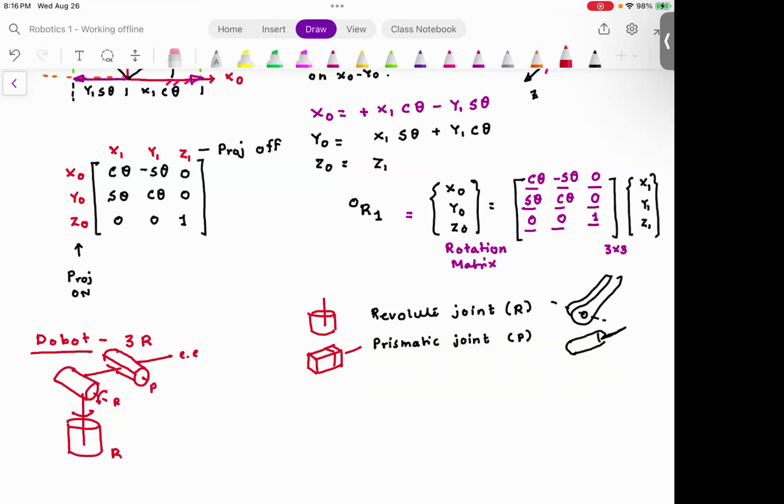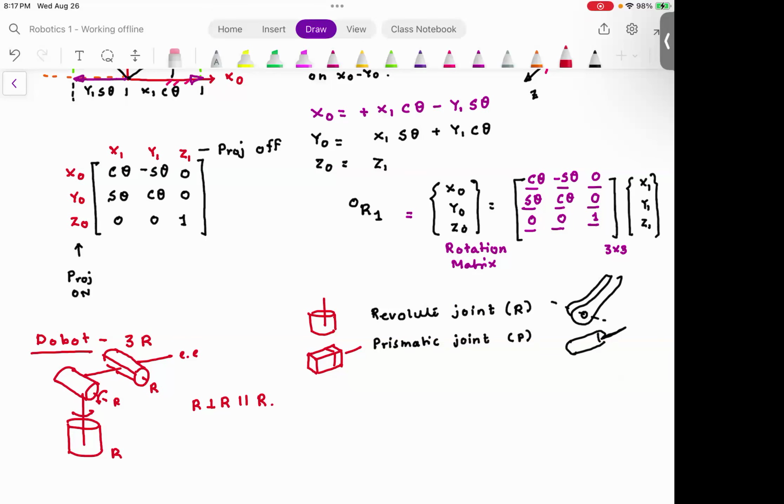So the first revolute joint is perpendicular to the second revolute joint and is parallel to the third revolute joint. So this robot, the DoBot Magician or Magician Lite, will be R perpendicular to R, parallel to R. Everyone understood this? R perpendicular to R, parallel to R.